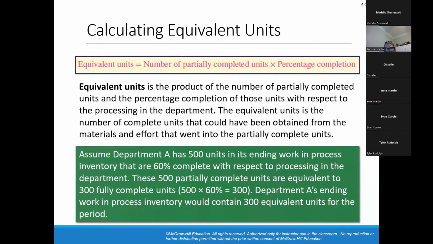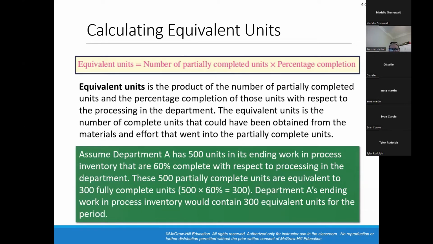So these 500 partially completed units are equivalent to 300, which is 500 times 60%. So the equivalent unit is 300. So Department A's ending work in process inventory would contain 300 equivalent units for the period. Not too hard to calculate. It's 500 times the 60%.